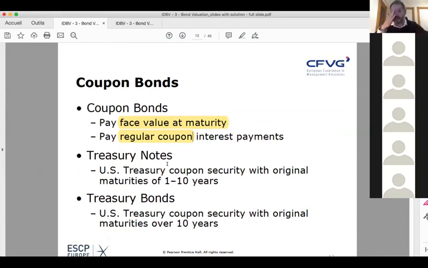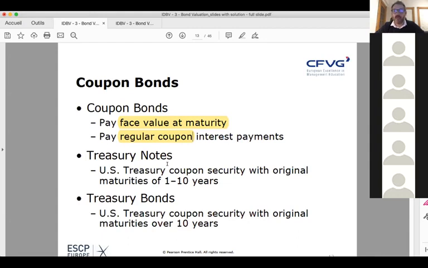So be careful about this when you do some examples, because if you have to deal with a bond that pays coupons every 6 months, be careful about the frequency of your cash flows and how you calculate things, and you should have a semi-annual rate as well when you do the discounting.